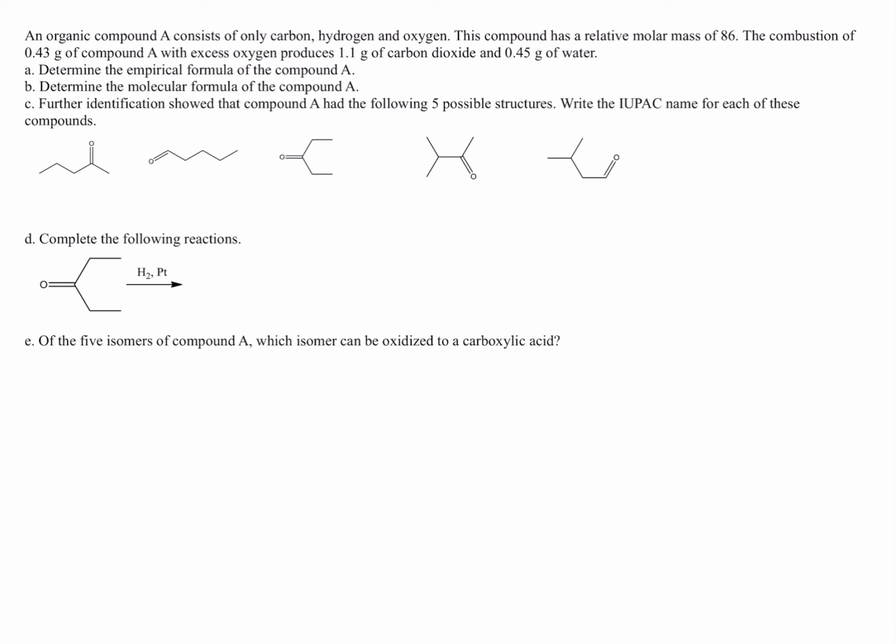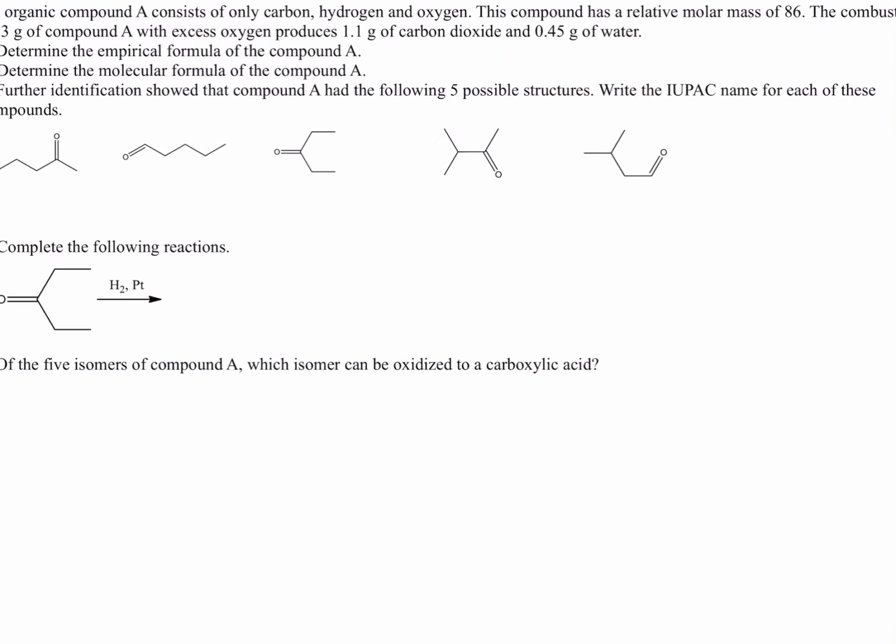So in this case, the first question is asking about the empirical formula of compound A. Here we are going to use the mass of the products that are produced, in this case carbon dioxide and water. From the carbon dioxide, we are going to calculate the amount of carbon.